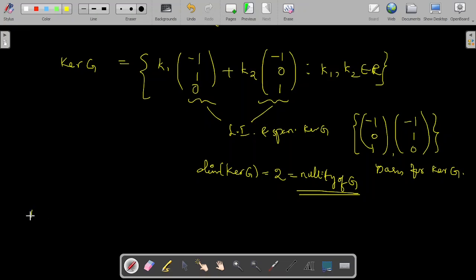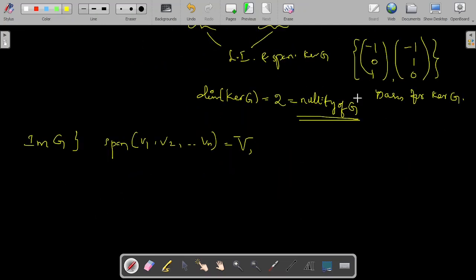Now we have to find out the image of G. How to find the image of G? If the vectors V1, V2, so on up to Vn span the space V, then their images span the image of the transformation. So the transformation G is from R cube to R square.